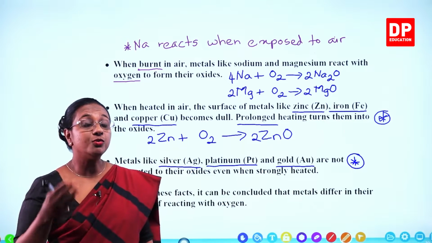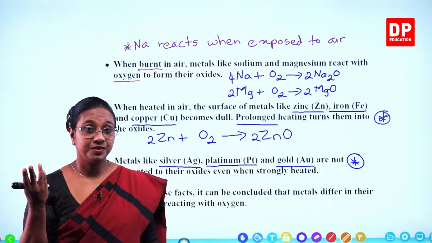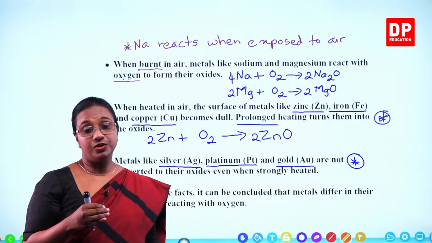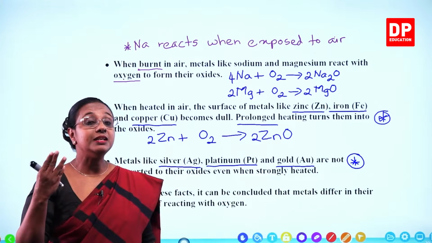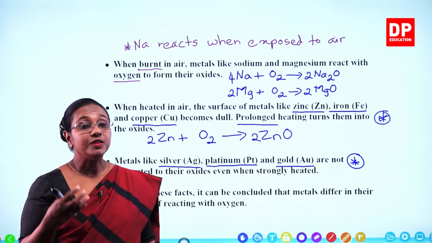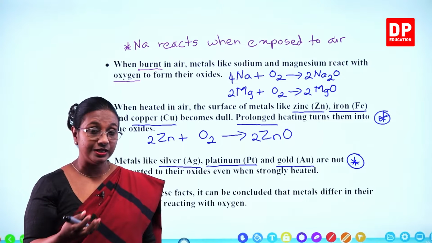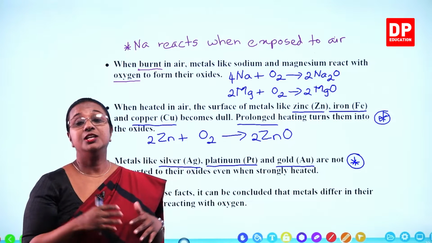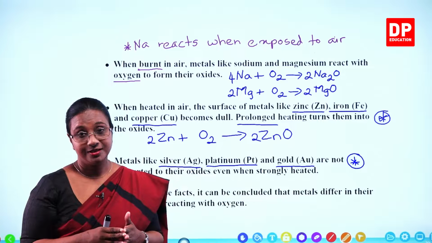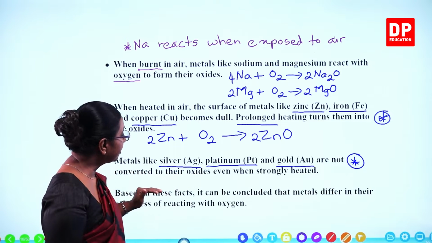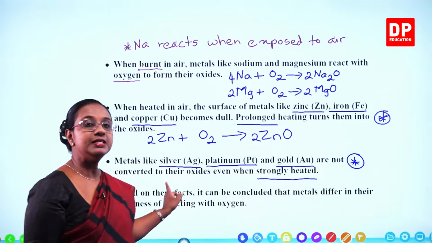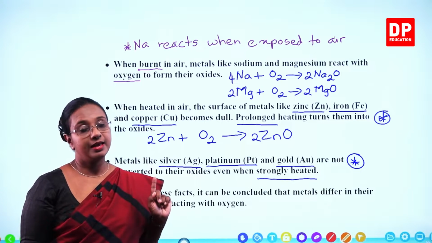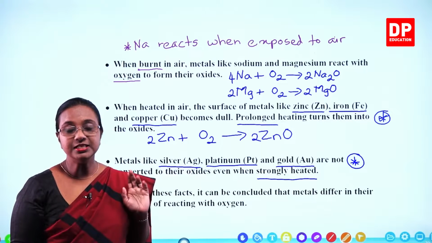That is why you all know when they make gold jewelry, they heat gold. And when they heat gold, it does not react, but it melts. So you have the molten gold, the liquid gold, that is converted into gold jewelry. So that's possible because even on strong heat, these metals don't react with air, that is oxygen in air.